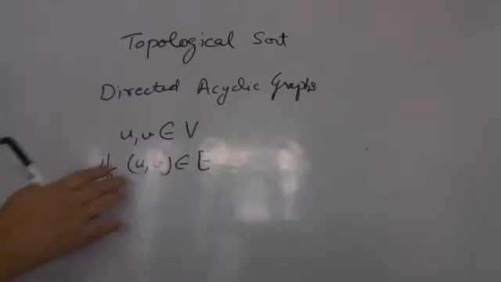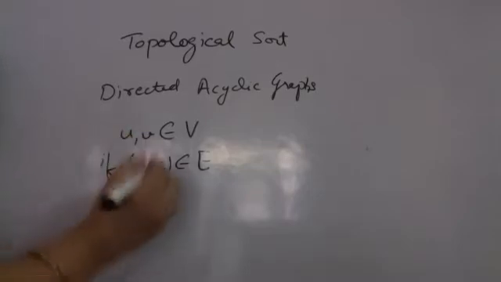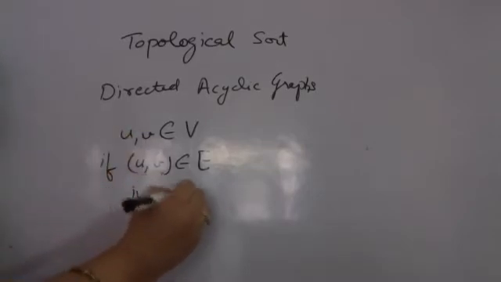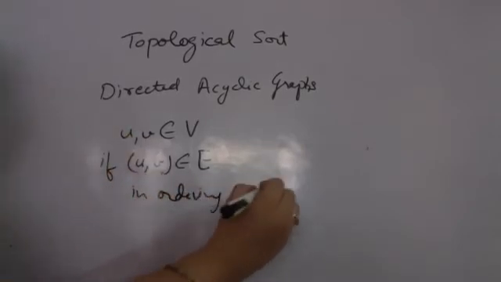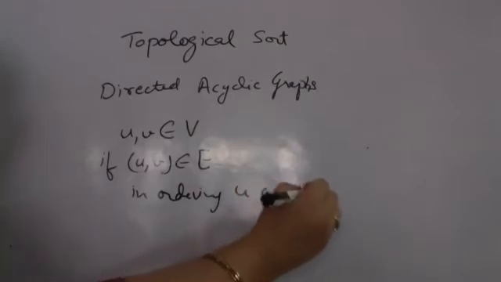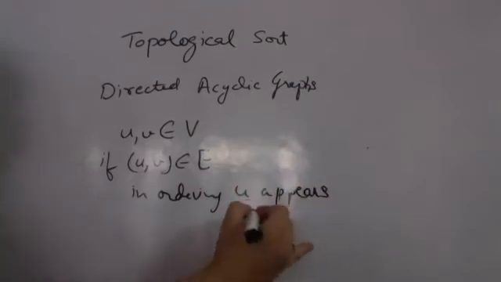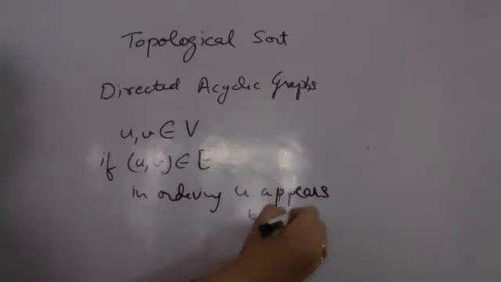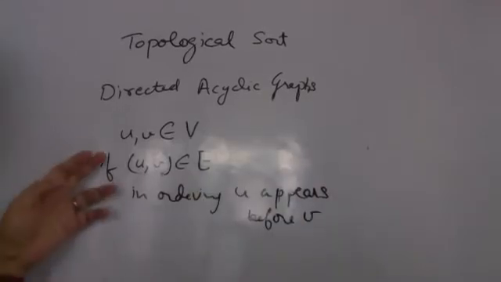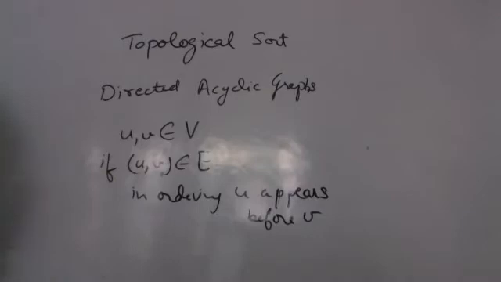That means if there is an edge from u to v, then in the ordering u appears before v. So this is a linear ordering. For all the edges, this will be holding true.